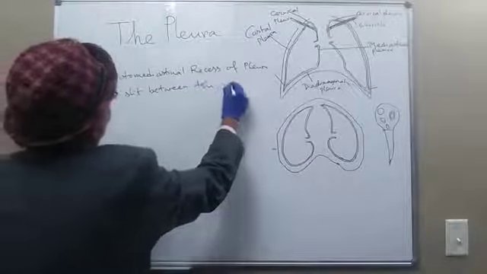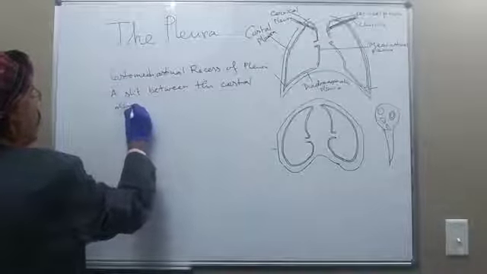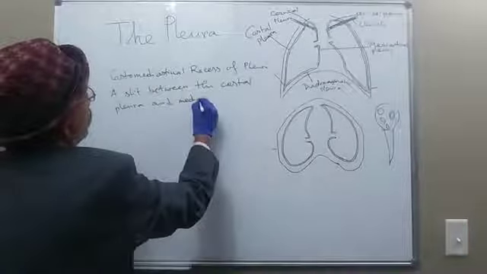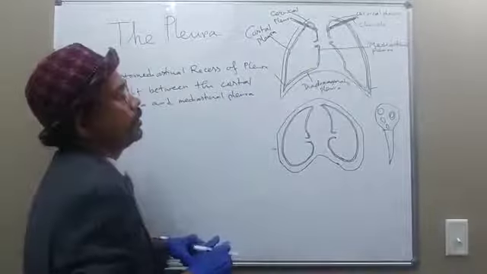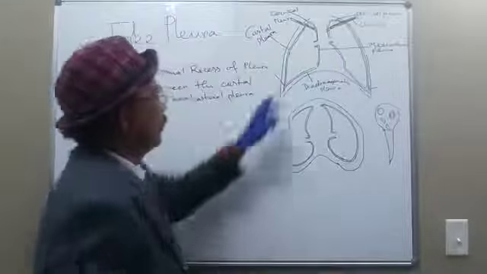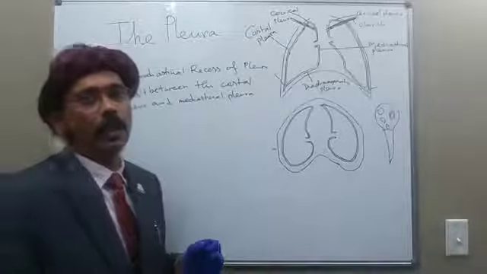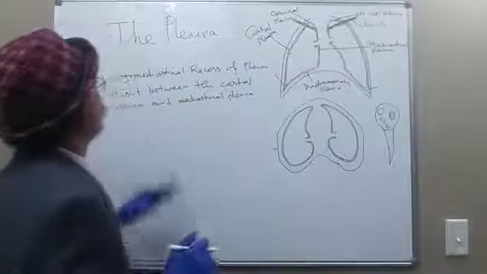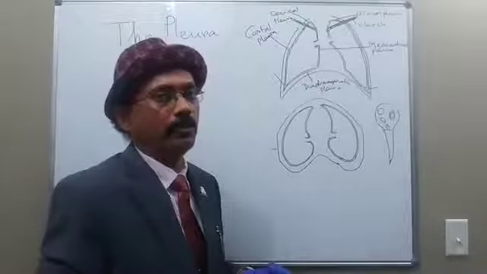It is more prominent on the left side than on the right side. When the lung is expanded, the anterior border can go to that space. Okay, we got the costomediastinal recess and costodiaphragmatic recess.